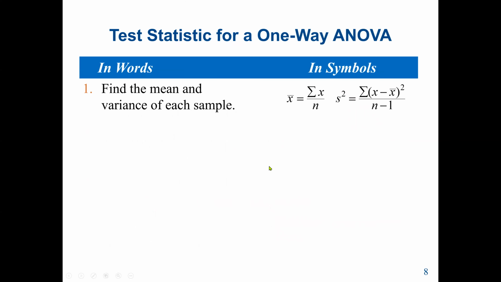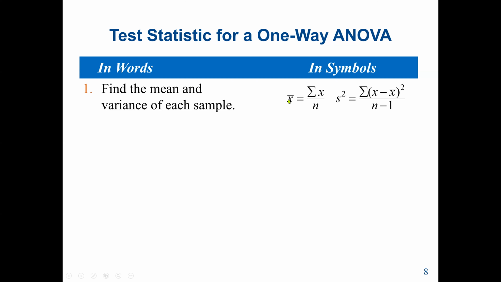We're going to do an example soon, so let's go through the steps here. First, find the mean and also the variance of each sample. Let's say I have 3 populations. I take a sample from each of the 3 populations, then find the mean and variance of each sample. The formulas are almost the same as in descriptive statistics.